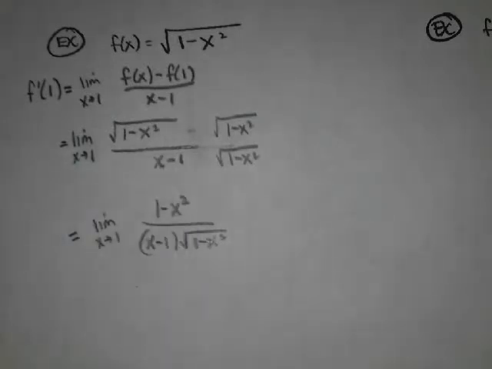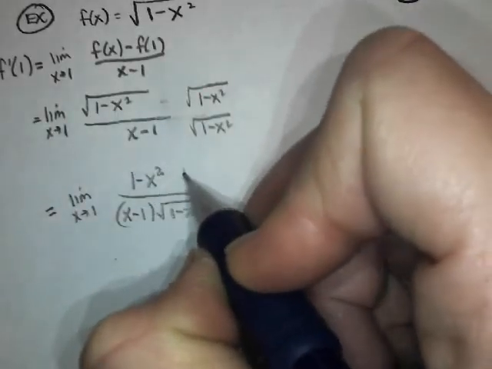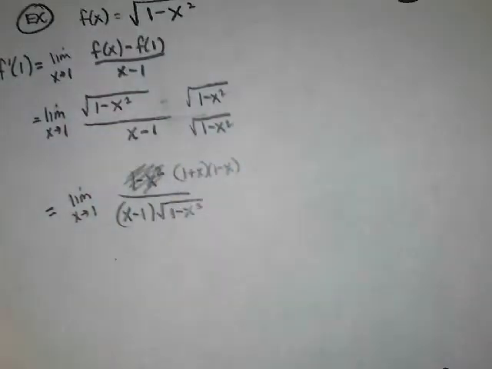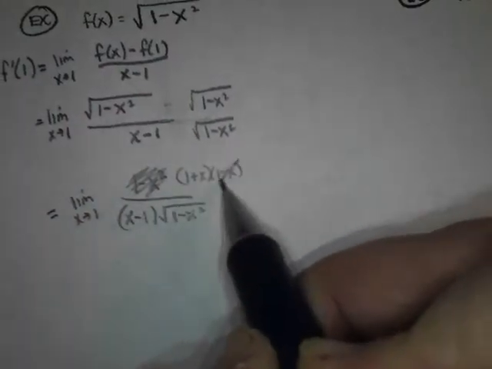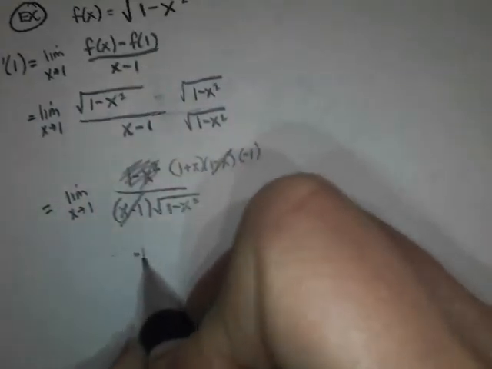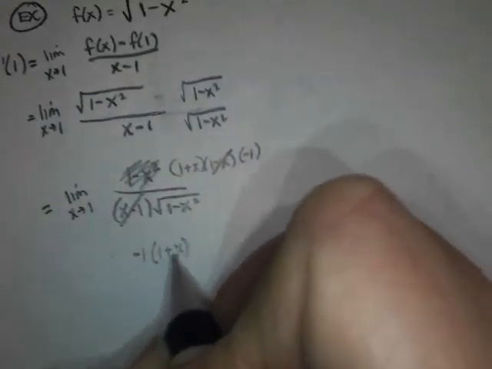So once I'm here, now factoring and canceling may help. My numerator is just going to be 1 plus x, 1 minus x when I factor it. And my x minus 1, 1 minus x will cancel to make a negative 1. So I'm going to have negative 1, 1 plus x over the square root of 1 minus x squared.